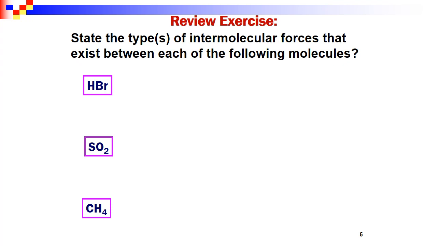So you are given three molecules, HBr, hydrogen bromide, sulfur dioxide, SO2, and methane, CH4. As a guide, the first thing you need to find out is whether the given molecule is polar or non-polar.